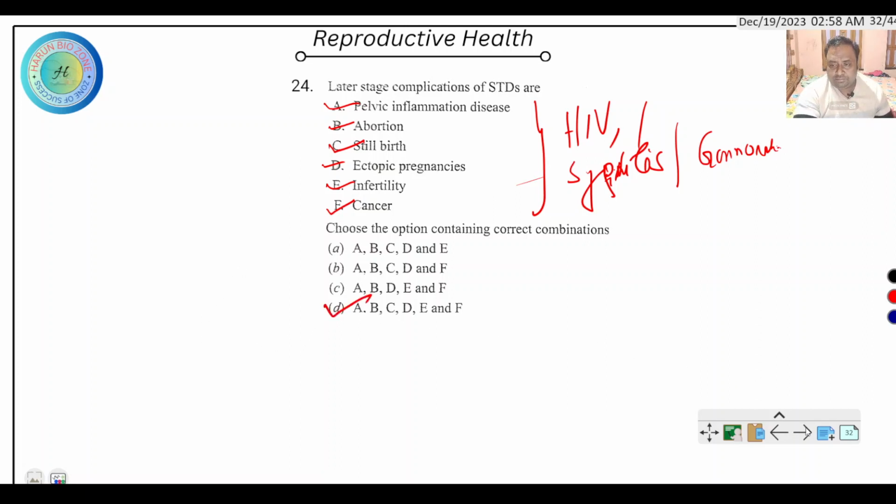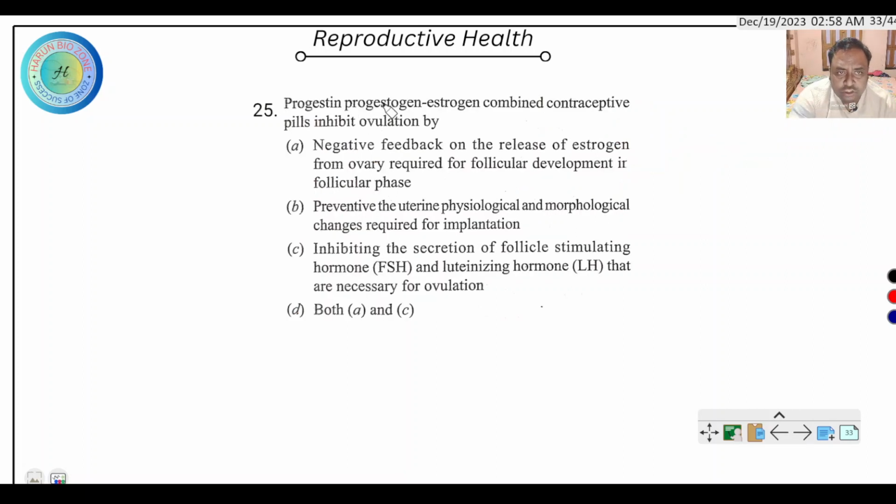Next question, progestin, progesterone, estrogen combined contraceptive pills inhibit ovulation. Means hormonal contraceptive pills inhibit ovulation. What is the function? Negative feedback on the release of estrogen from ovary required for follicular development in follicular phase.